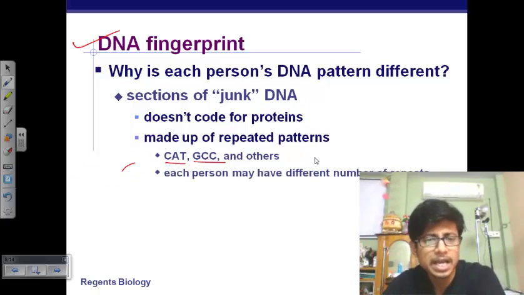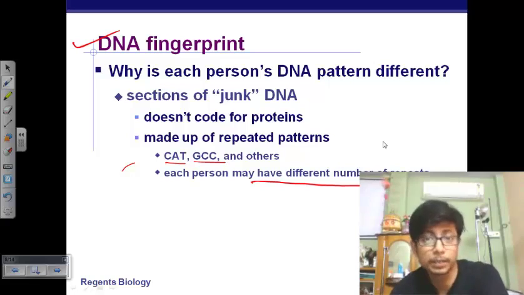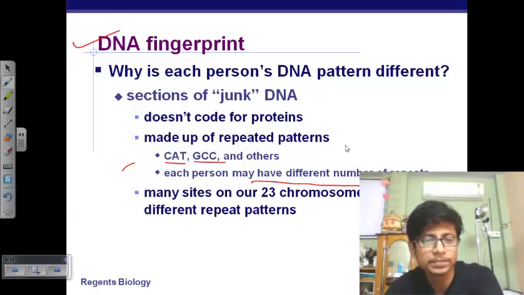Each person may have a different number of these repeats, and those repeats vary from person to person, and the presence of typical repeats indicates a particular fingerprint in the genome of individuals. So we can exploit this region and classify different individuals.